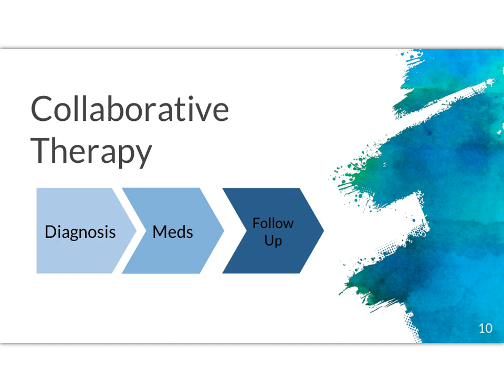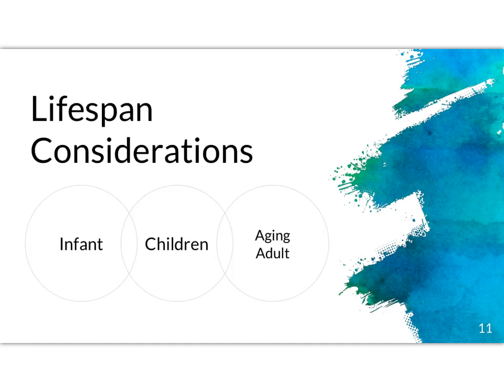And sometimes there's been surgical intervention. For instance, if there's a tumor on the thyroid or the parathyroid has to be removed, then you're going to have follow-up because you've had surgery. So follow-up can be for life with many of the metabolic disorders.